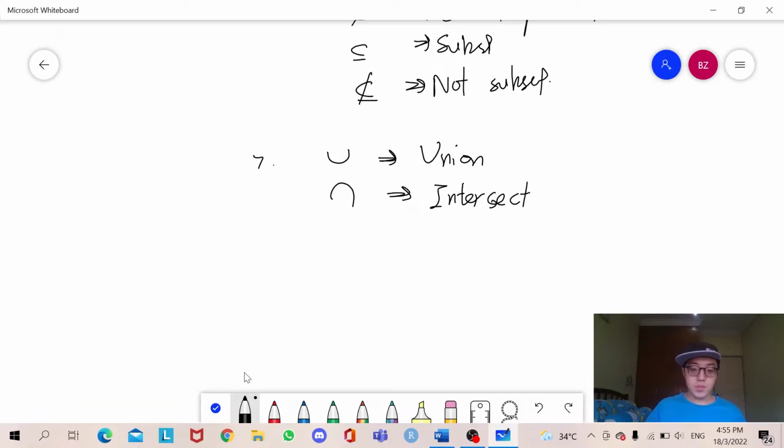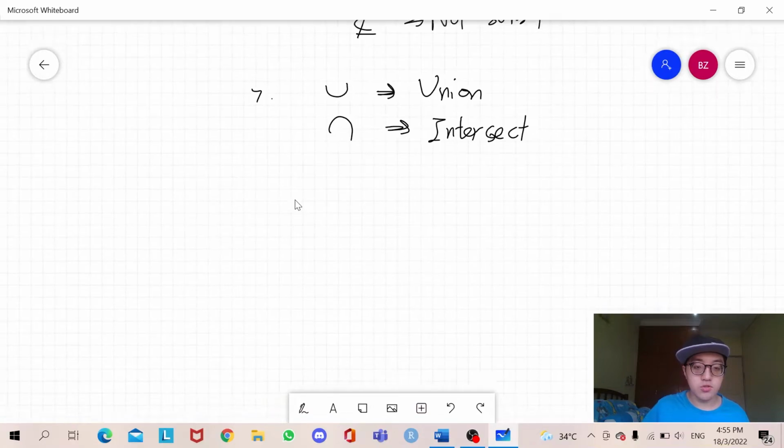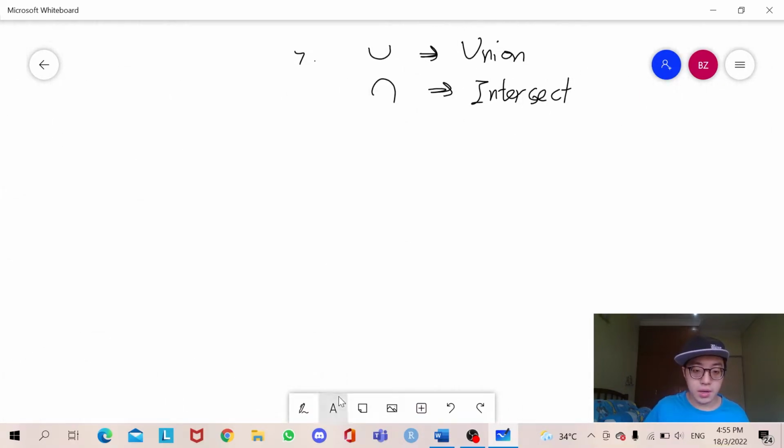So what's the difference between union and intersect? I'm going to draw this little diagram here again.